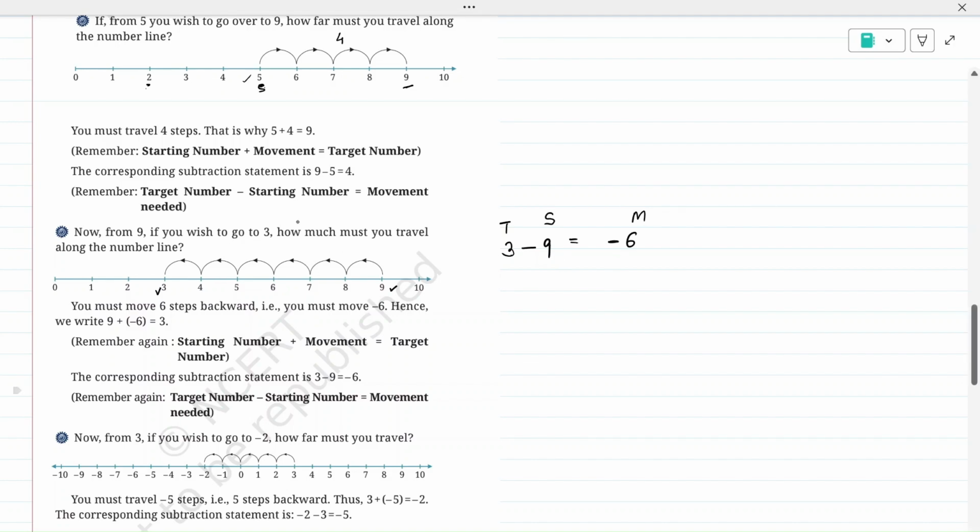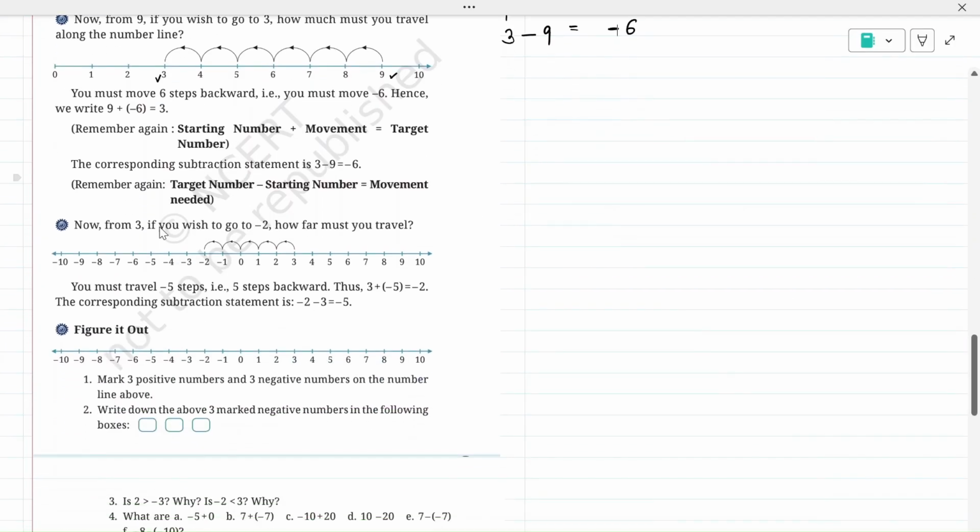Okay. Now, next, from 3, if you wish to go to minus 2, that means your starting point is 3 and target is minus 2. We have to find the movement, how much movement we have to take from here.